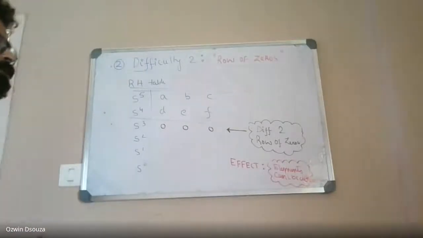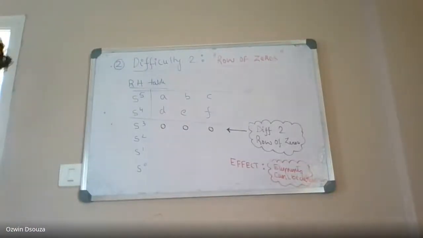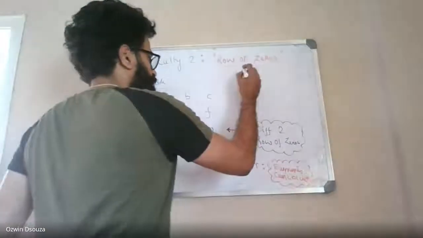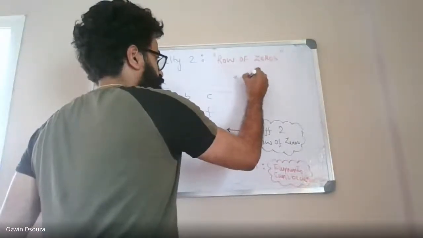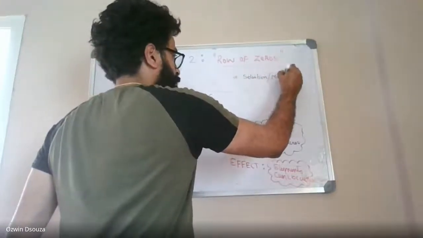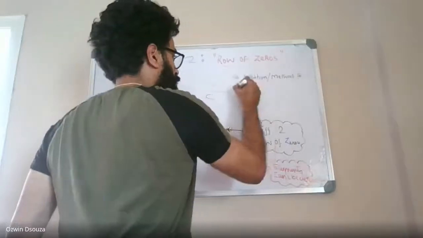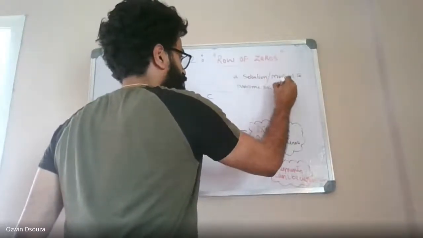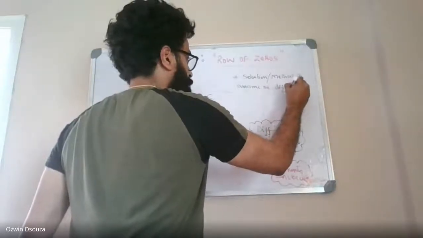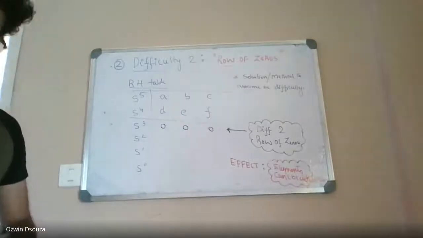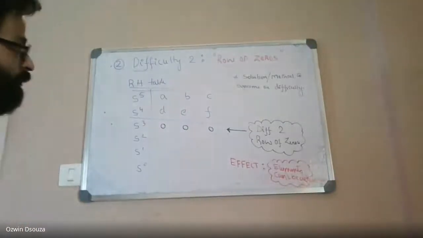So how do we overcome this particular difficulty? Next you can write: solution, or method to overcome the difficulty. So what do we do?